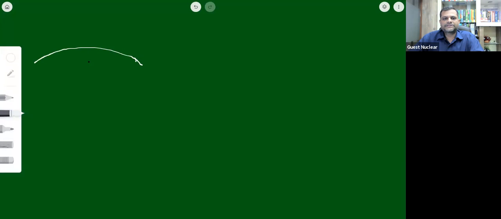ओके, ठीक है, तो देखो एप्लीकेशंस ऑफ यूनिफॉर्म सर्कुलर मोशन। सो सबसे पहले हम देखेंगे कि इफ सपोज देयर इज अ vehicle, and suppose that vehicle is traveling along a curved road like this.